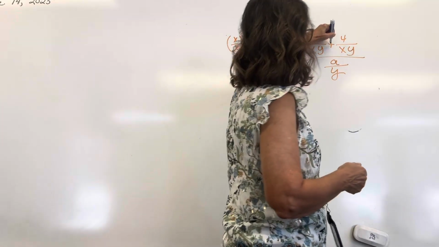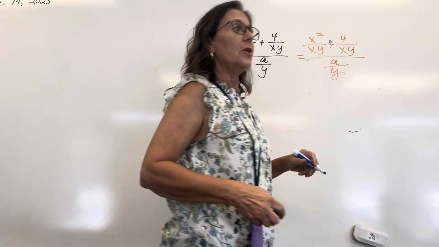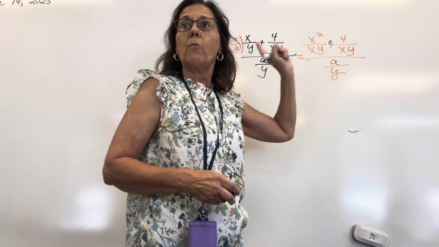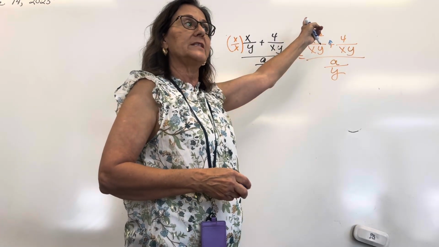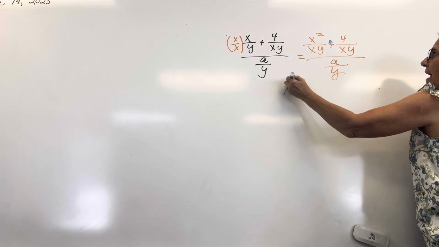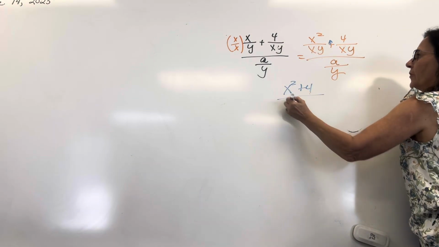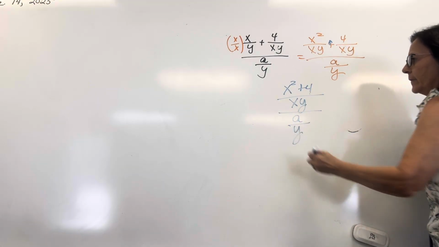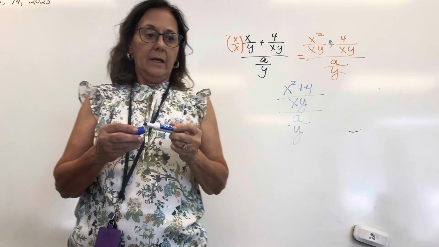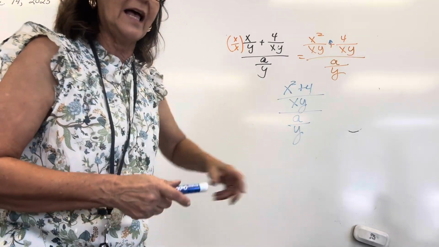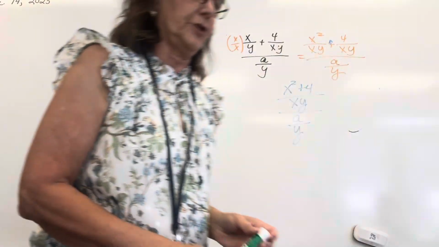So the sign moves to the numerator and xy is my one common denominator. I'm going to write the entire numerator over it. So we have x squared plus 4 over the one common denominator over a over y. Now that's a fraction over a fraction. That's where you want to get, a fraction over a fraction.